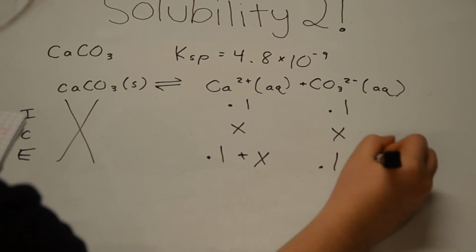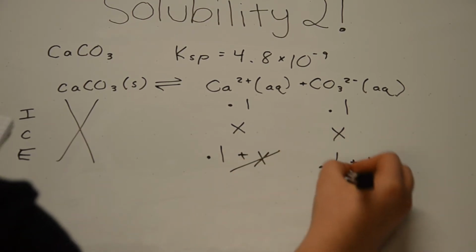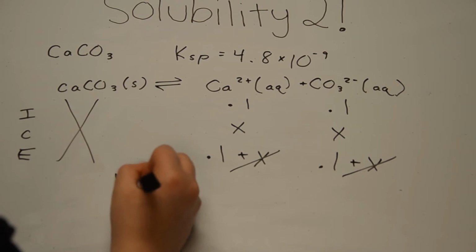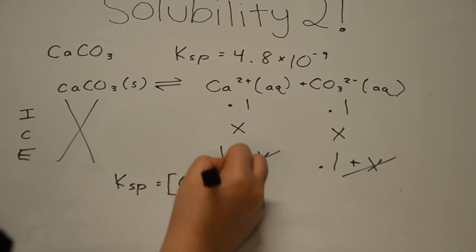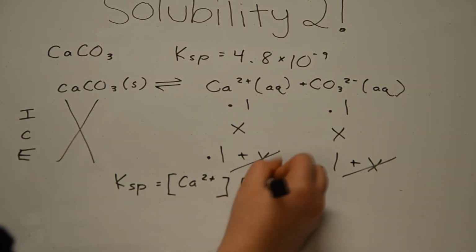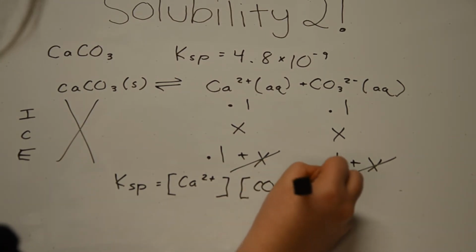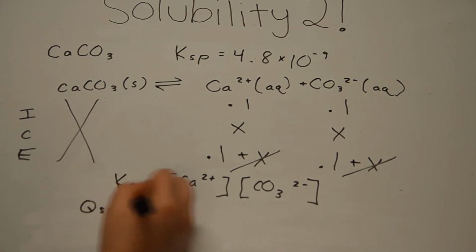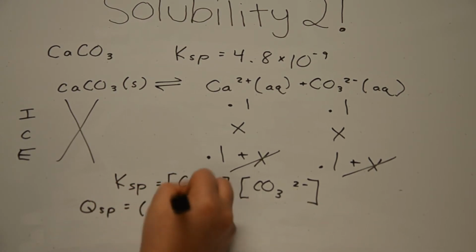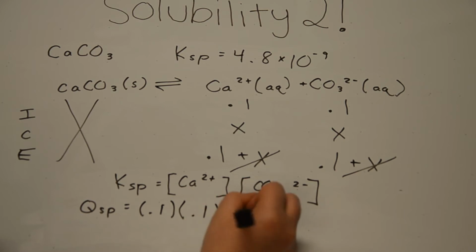The change is so significant compared to the initial that we can disregard them in our equation. Our Ksp from our equilibrium equation is calcium 2+ times carbonate 2-. And from this, we can gather that Qsp is equal to 0.1 times 0.1, also known as 0.01.